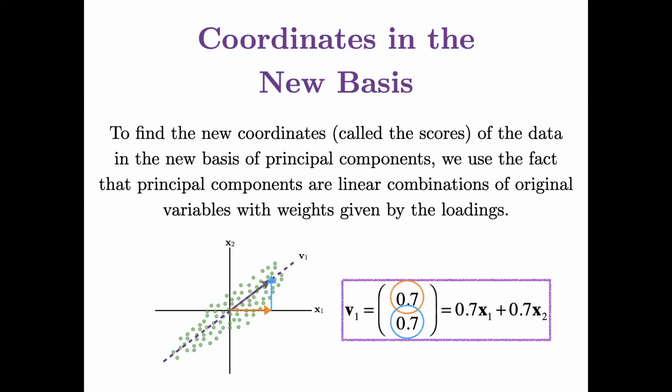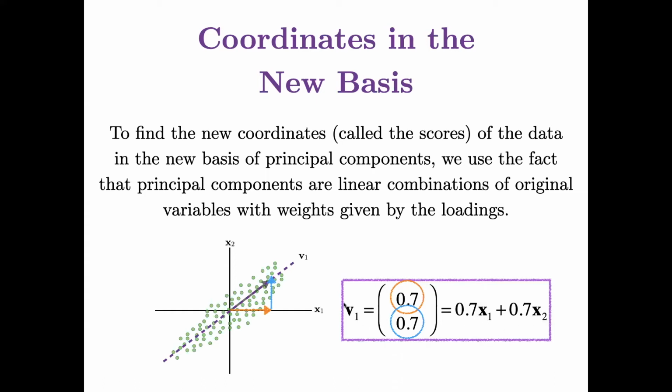But more importantly, you should realize that the column of scores can be created just by taking a weighted sum of the two columns in your original spreadsheet. That's the other thing that this means.